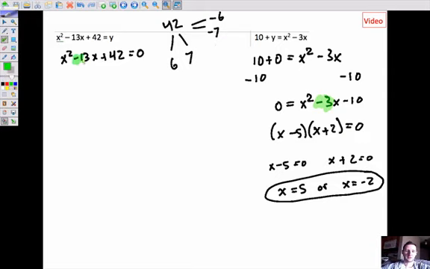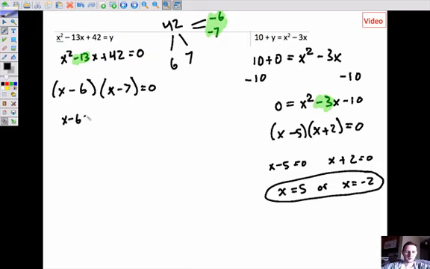When we look at our second part, 6 plus 7 is positive 13, but negative 6 and negative 7 is negative 13. So those are my two factors, negative 6 and negative 7.